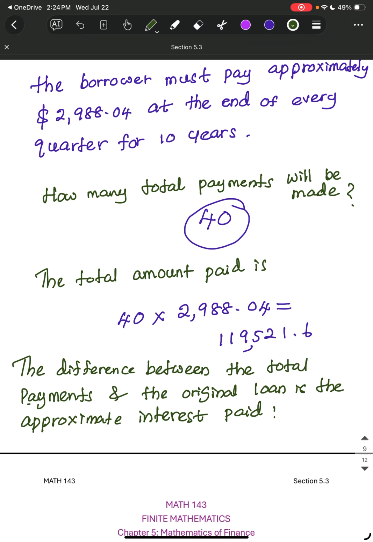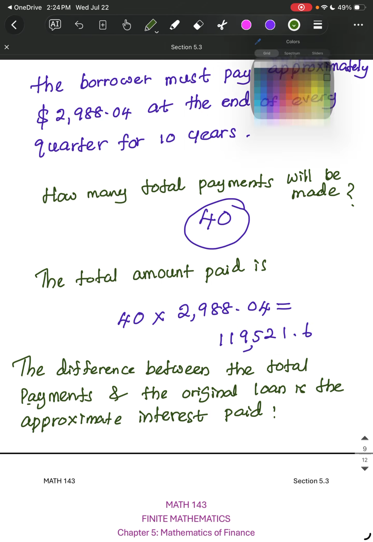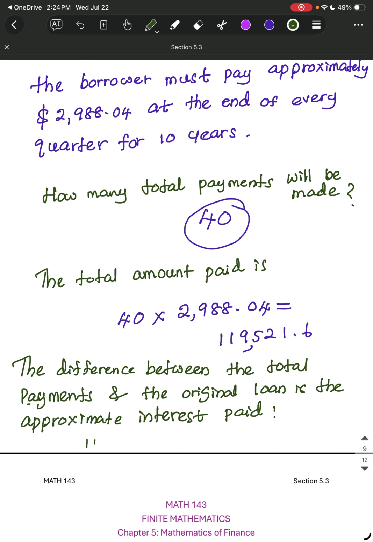That is how much interest the borrower paid: $19,521.60. Right? Okay.